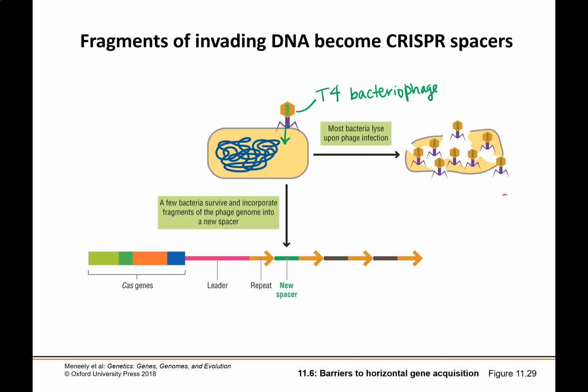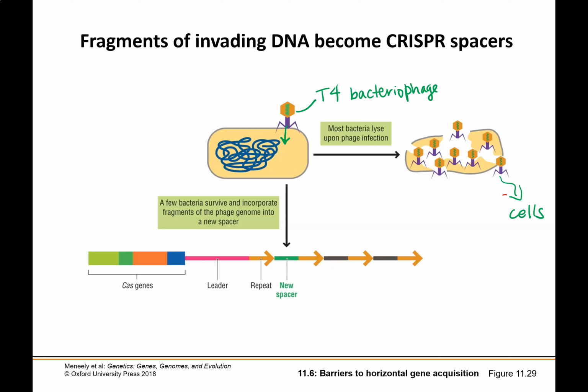We've already talked about that. It will inject its DNA into the bacterium. Now, if this bacteriophage causes an infection, it's going to take over molecular machinery, use that machinery to make new viruses. It's going to lyse, and then these viruses are going to infect other cells.